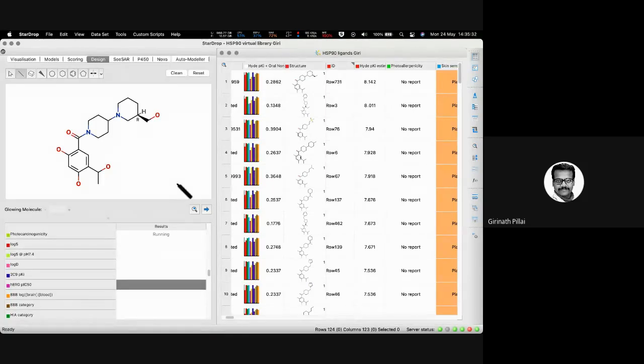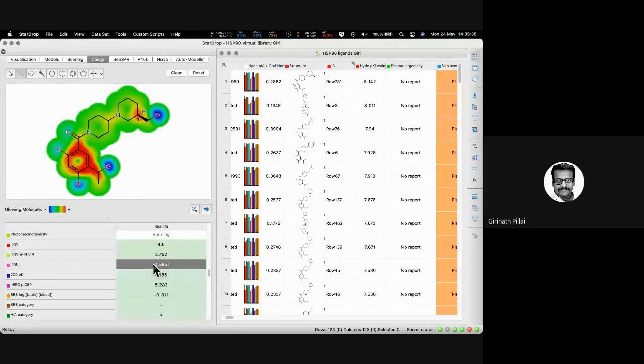So when I make a single change, it has to predict all the values. That's why it is taking time; otherwise usually it doesn't take this much time. After changing it to oxygen, that is the hydroxyl group, I could see the hERG has reduced from 5.6 to 5.2.